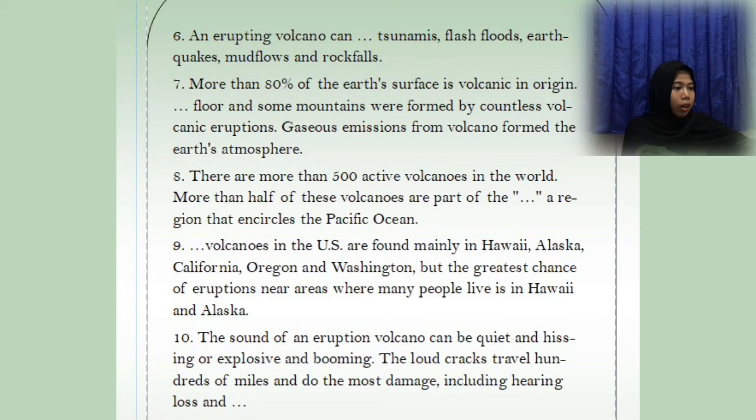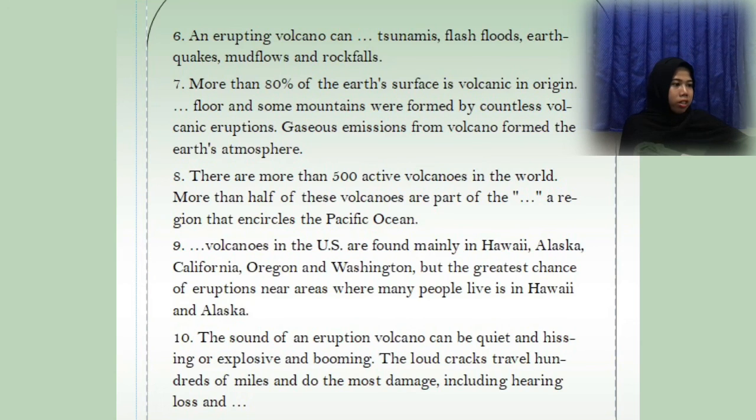But the biggest chain of eruptions near areas where many people live is in Hawaii and Alaska. Number 10: The sound of an erupting volcano can be quiet and hissing or exploding and booming. The loud quake travels hundreds of miles and does the most damage, including hearing loss and blank.